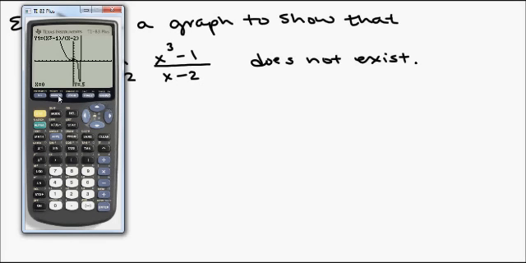And did I put this in correctly? Yes, okay. So if we trace on the graph, I want to hit trace to enter. I see that there is no y value.